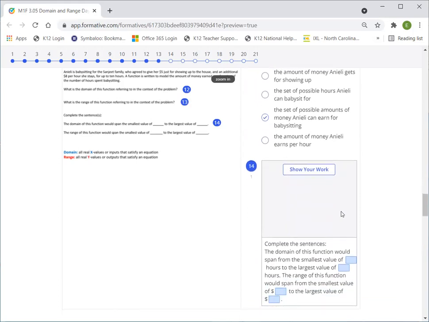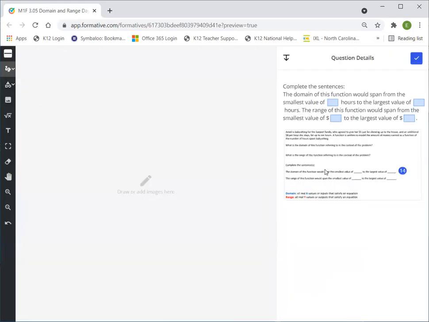And then we want to go ahead and find the smallest and largest values. For this, first we need to find a function of her money. So we're looking at how much she earned. That would be our Y value equals, and then it says she gets $5 for showing up, and then she gets $8 per hour.